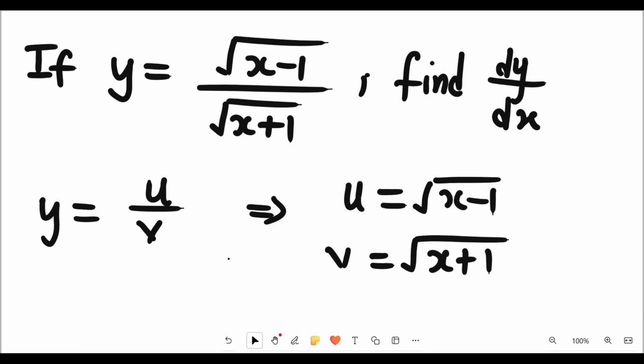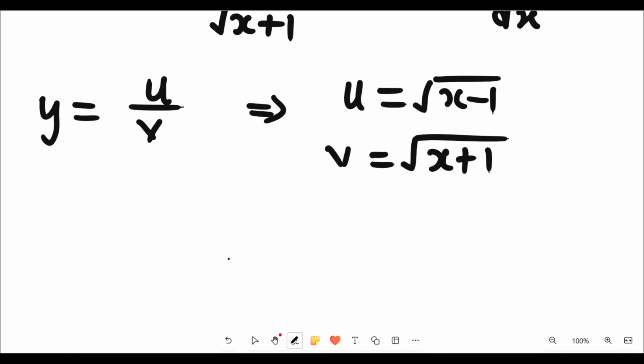Alright. Now we have two functions, function u in terms of x and function v also in terms of x. So we need to find their derivatives, du/dx and dv/dx.